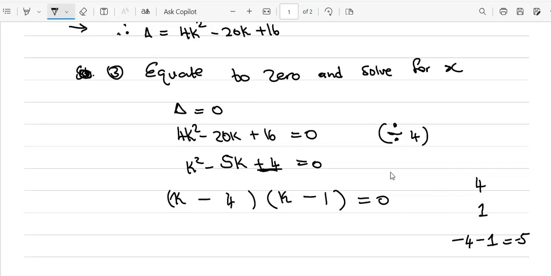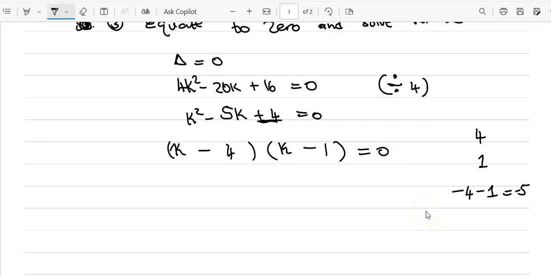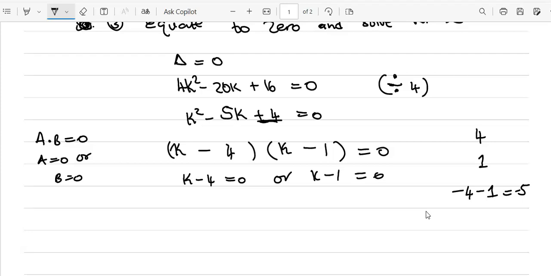Now you can use what we call the zero product property. Remember that if a multiplied by b is equal to 0, we can say a is 0, or b is 0. So we take the first bracket equated to 0 and the second bracket equated to 0. Therefore, k will be equal to 4, or k will be equal to 1.